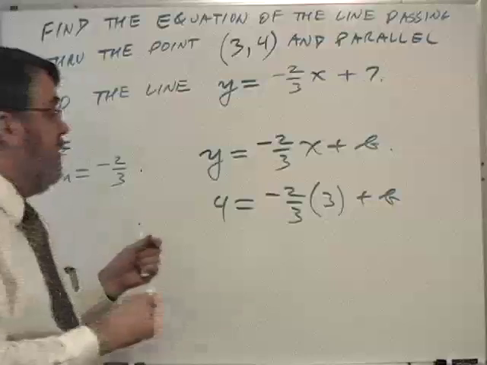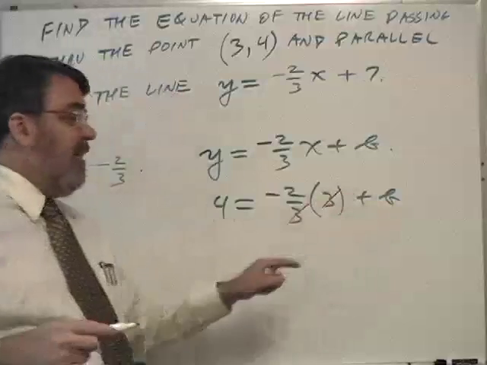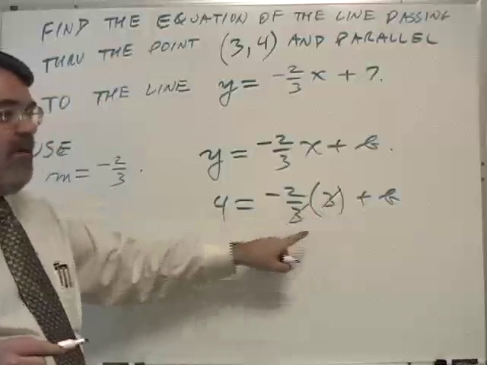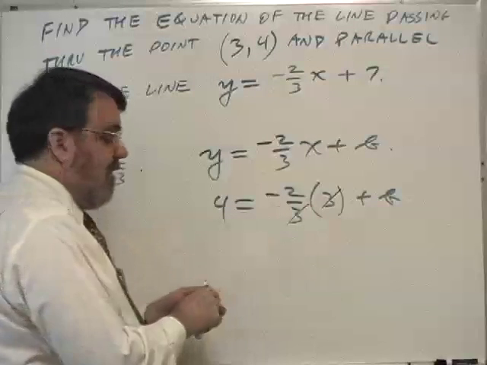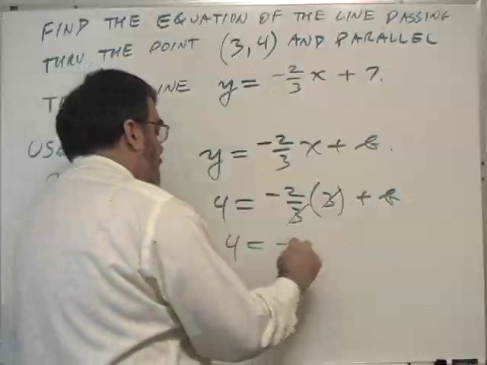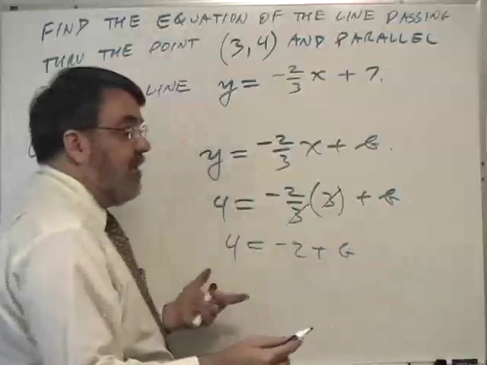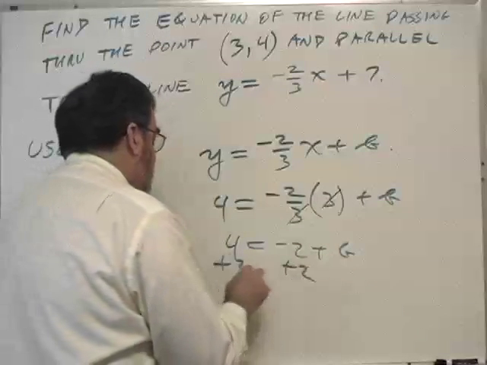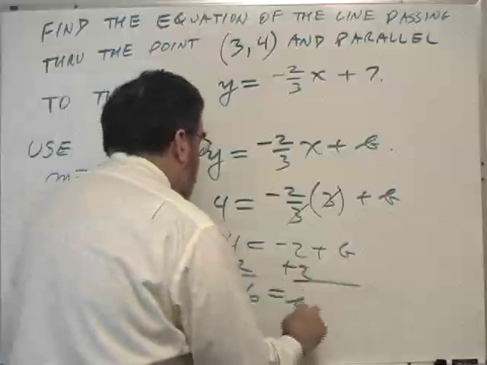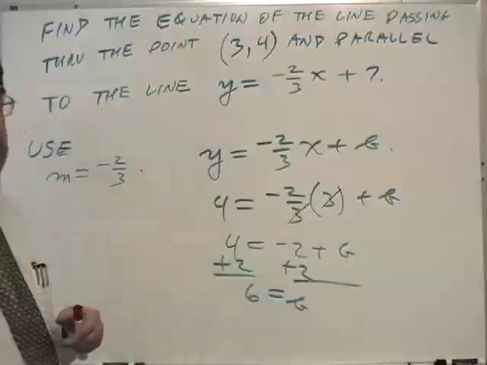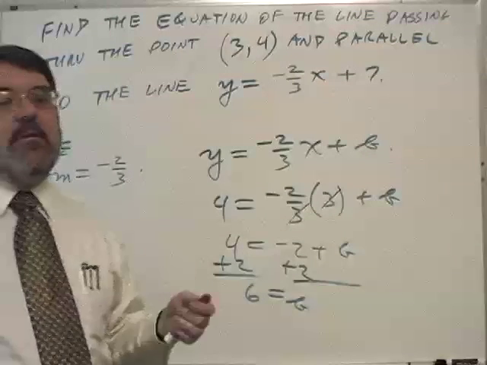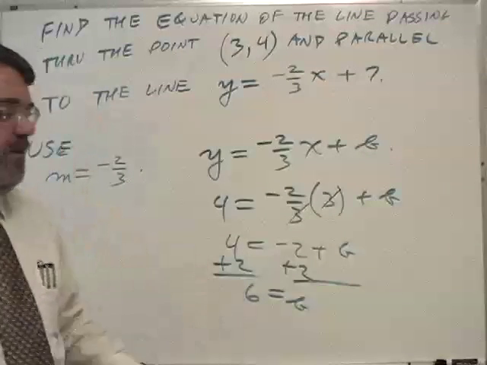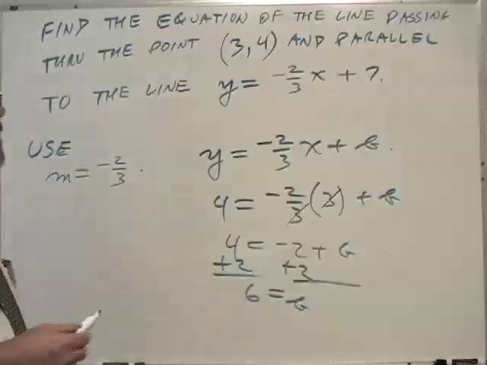And here, the fraction conveniently cancels because 3 is a numerator, that 3 is a denominator. And so 4 equals negative 2 plus b. Solve for b, we add 2 to both sides. 6 equals b. So we predicted it would be below 7. And had I drawn the graph very accurately, we probably could have just about predicted 6 for y-intercept.